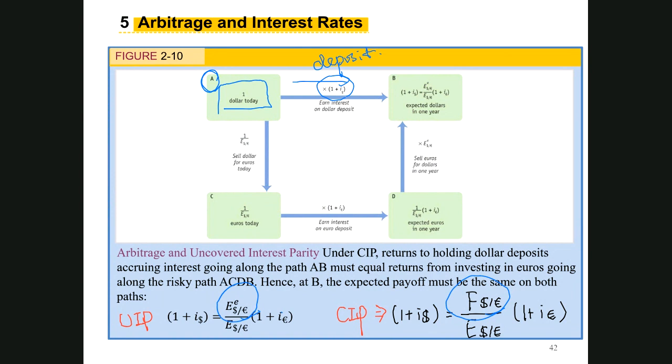Or you could choose another route: convert your currency first, sell your dollar for euro today, using the spot exchange rate. So you get this amount of euro today. So you save it, or people actually save it for you in the bank overseas. And after a year, you will get the principal, so it's 1, and the interest rate overseas.